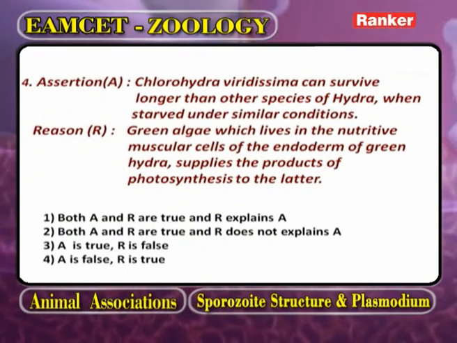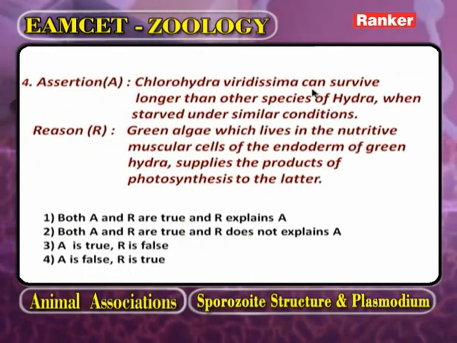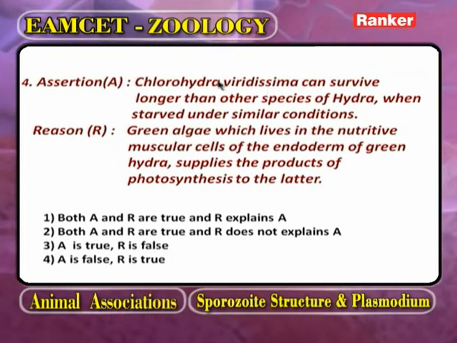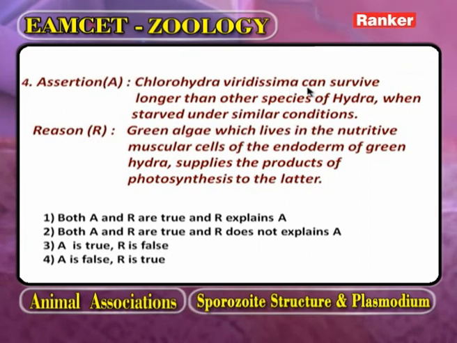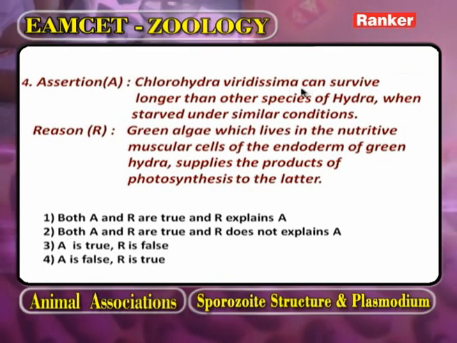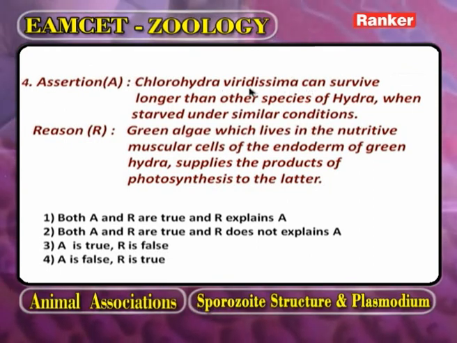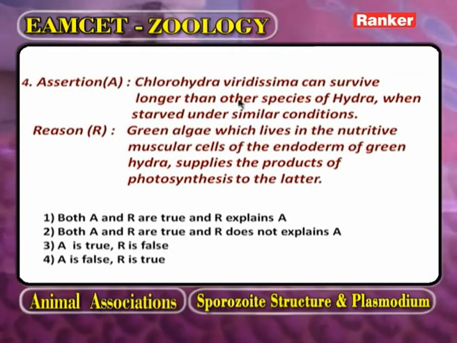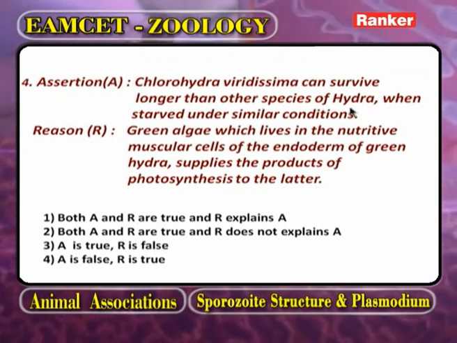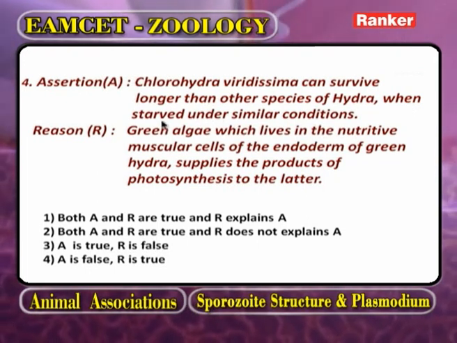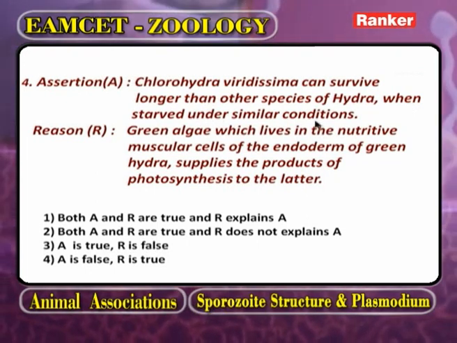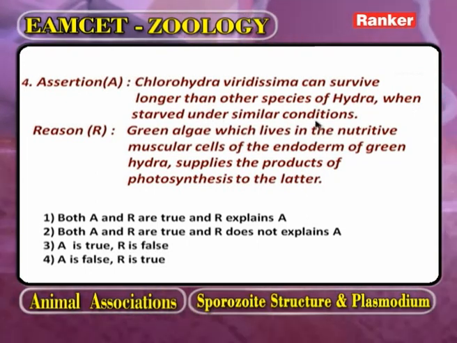Assertion: Chlorohydra viridissima, where one is the genus name and the second is the species, the binomial nomenclature, can survive longer than other species of hydra when stored under similar conditions, that means during starvation.